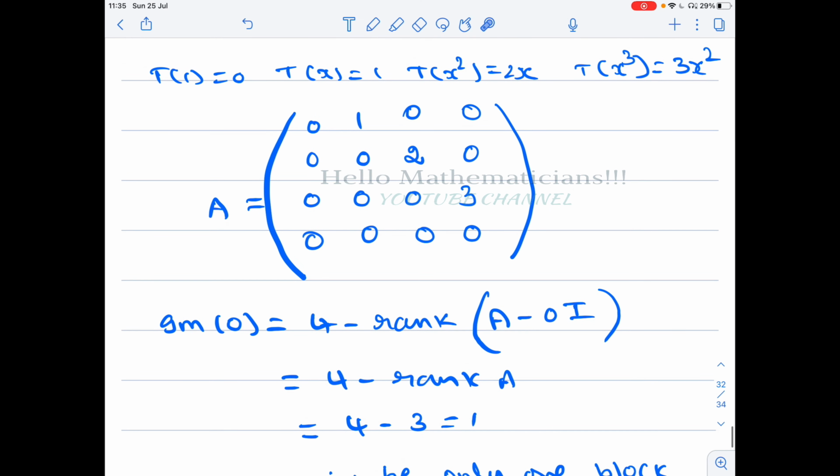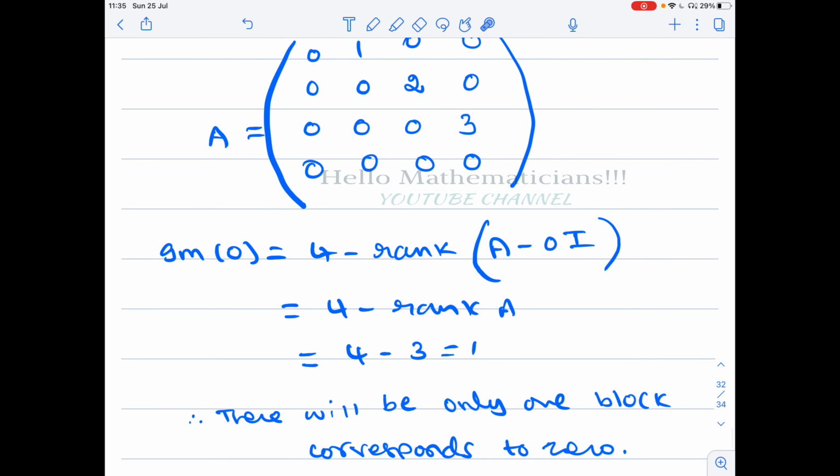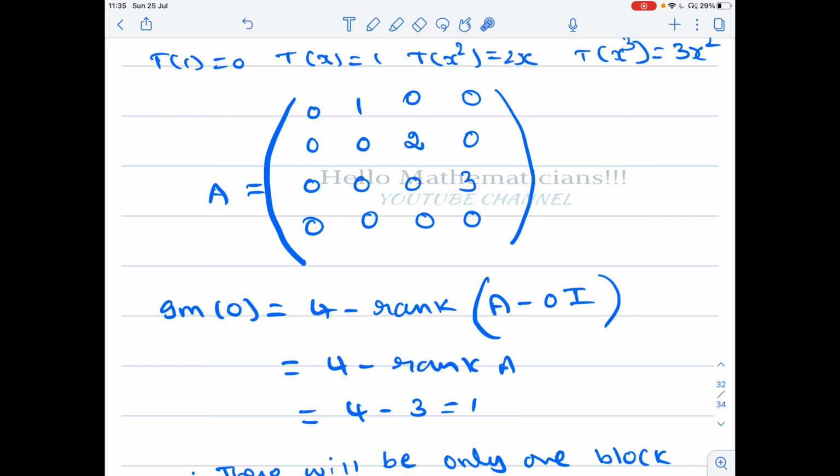Now you can see that all the eigenvalues of this matrix are 0, 0, 0, 0. Now we calculate the geometric multiplicity. So geometric multiplicity, like we saw yesterday, is given by the formula 4 minus rank of A minus lambda I. Lambda is 0, so it is A minus 0 I. This is equal to 4 minus rank A. But rank of this matrix is clearly 3 because these three rows are linearly independent.